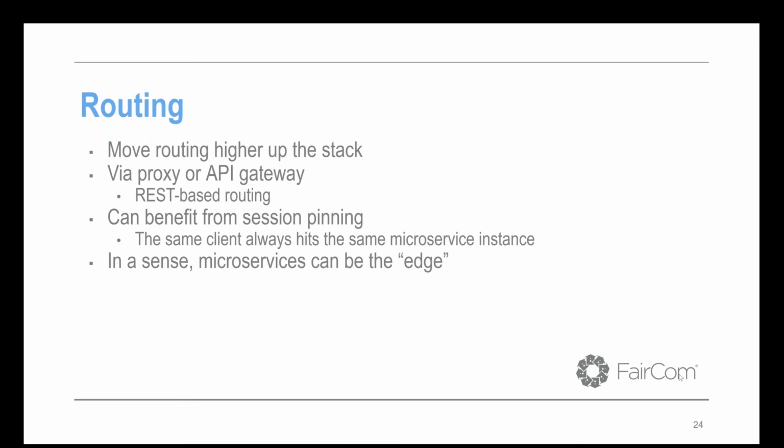But in terms of microservices, it allows us to move that routing a little bit higher up, and then we can start to do REST-based routing. And I hinted at this before, but we could say that all POST HTTP calls go to a specific instance, while any GETs are load balanced to other instances.